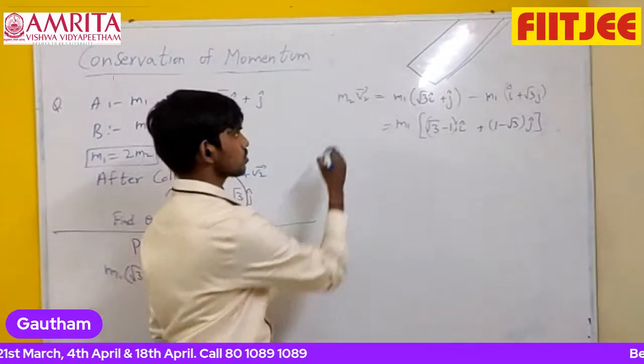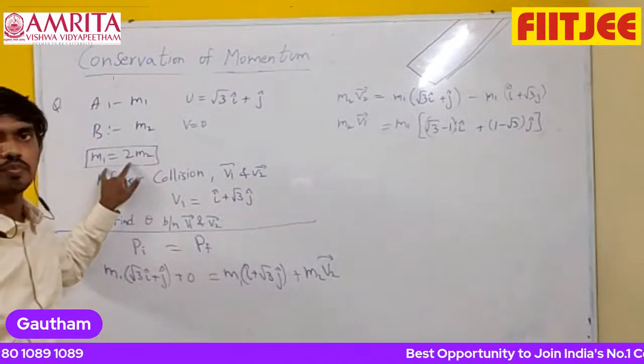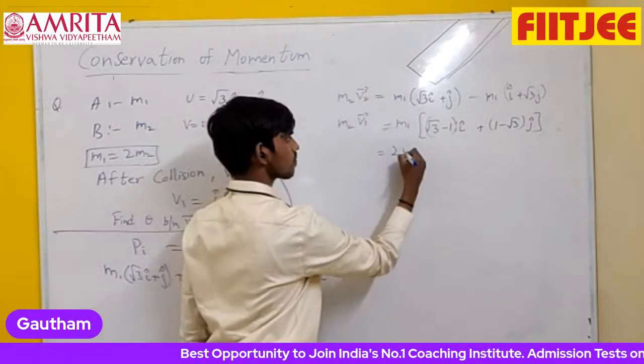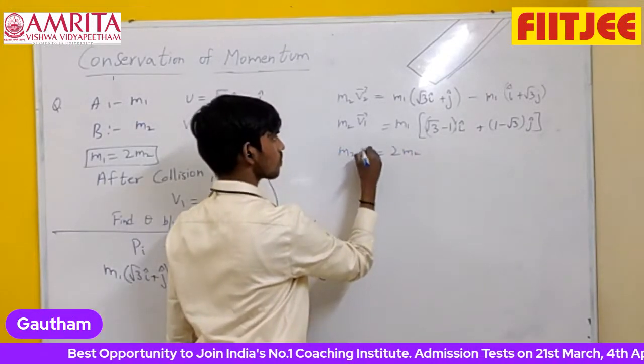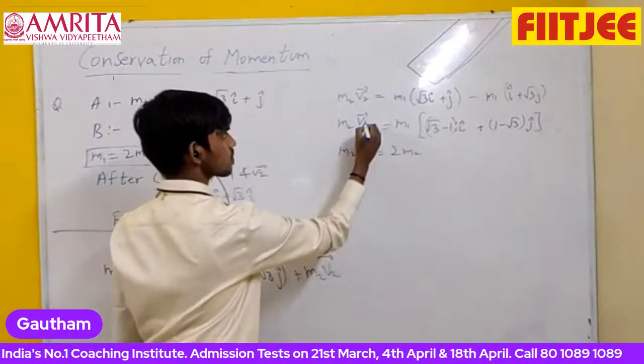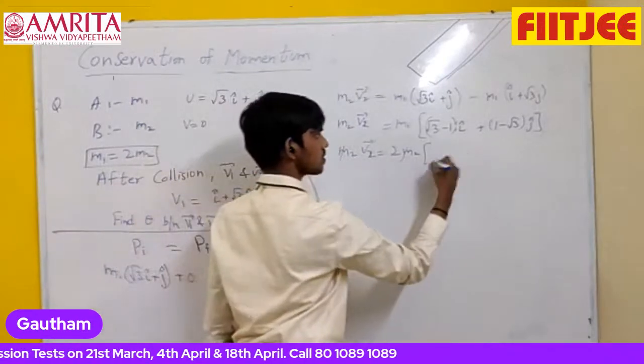The relation between m2 and m1 is given: m1 is equal to 2m2. So it is 2m2 now, and m2 also gets cancelled.